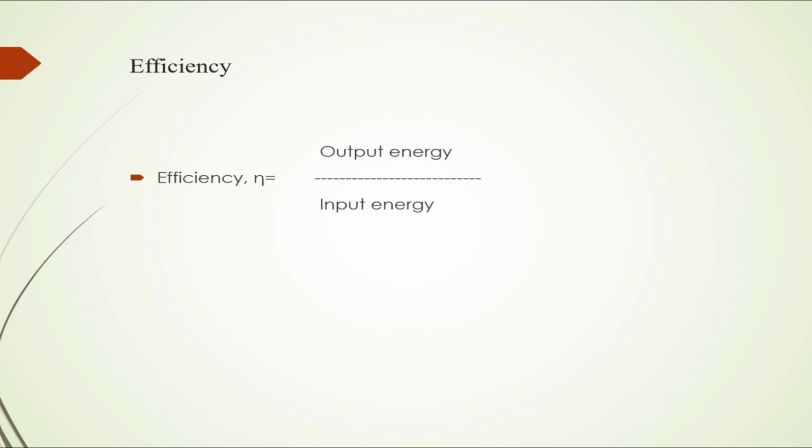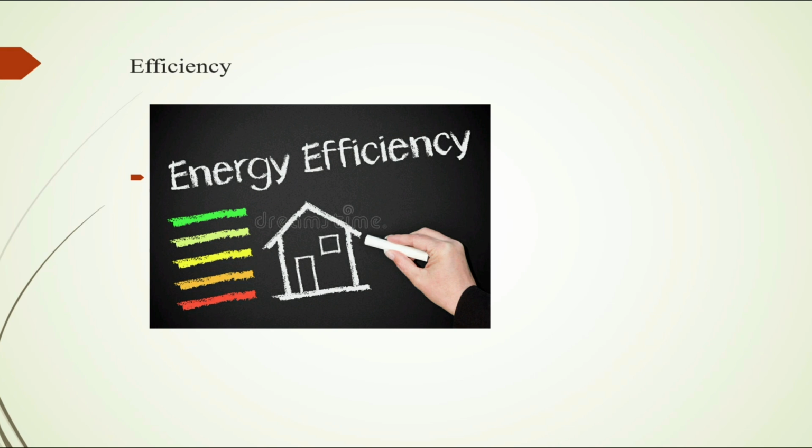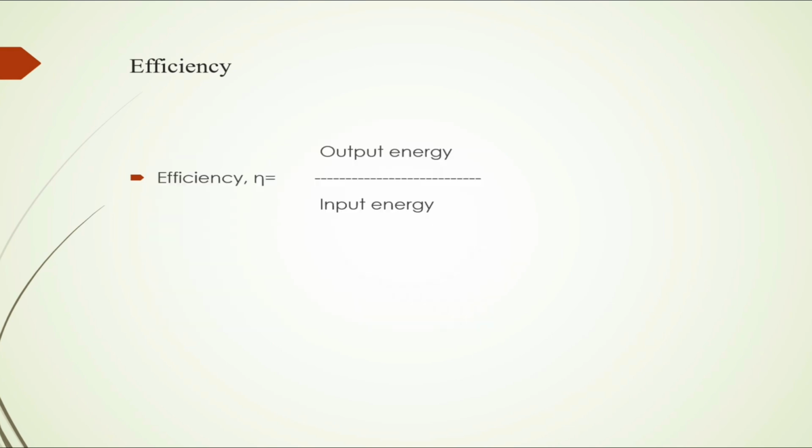And if you remember the basic principle, it says that energy is never wasted, but it gets converted from one form into another form. Now, when we are converting one form of energy into another form of energy, some energy gets lost in the process of converting energy sources. That is why we have efficiency. The output energy divided by input energy, or output power divided by input power, is called efficiency.